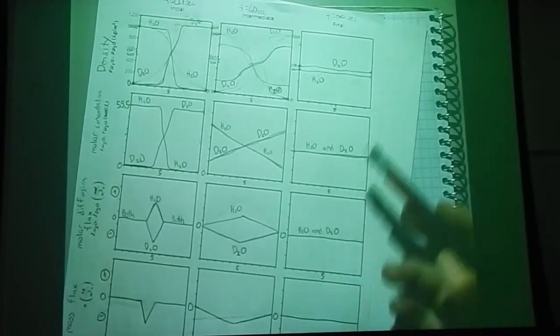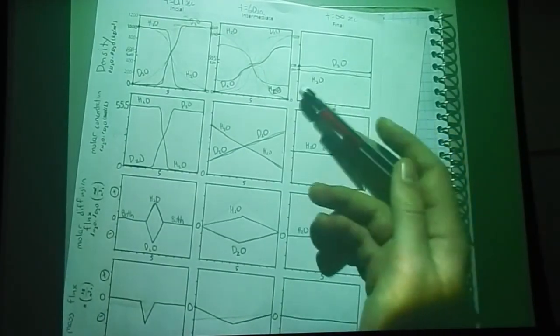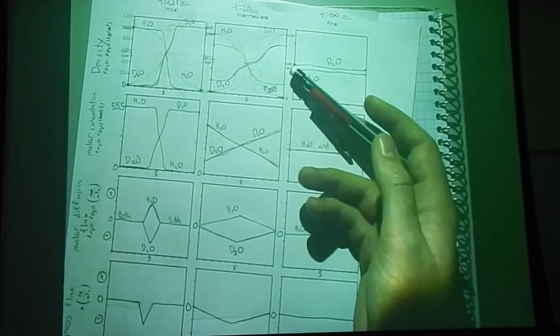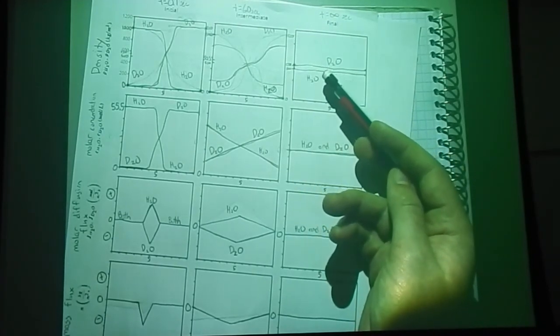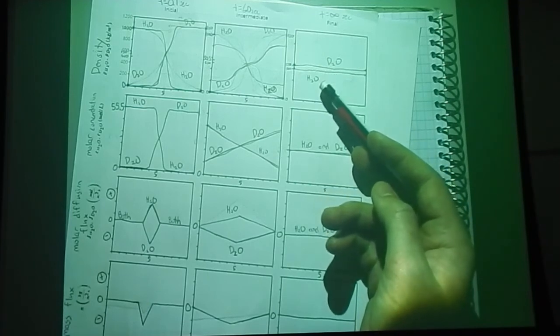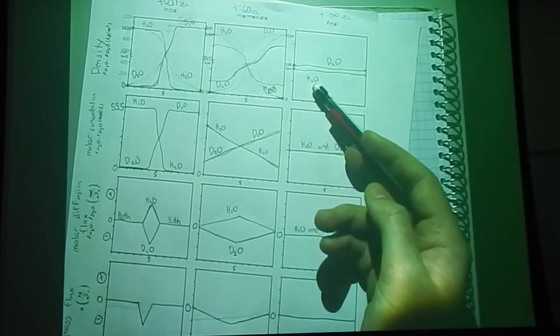So we're going to look at this, and we're going to see, well, what are the densities? Well, the densities are going to be pretty uniform. D2O is going to have half a mole per liter now, and H2O is going to have half a mole per liter too.